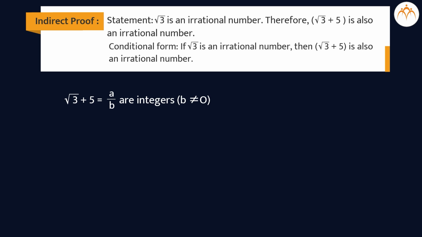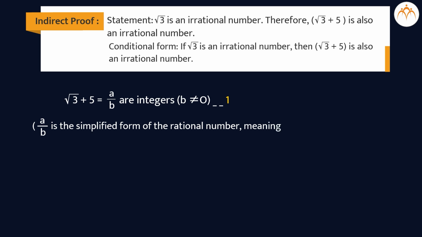So this is equation 1. Then see here, a upon b is the simplified form of the rational number, meaning that a and b have no common divisor other than 1. Getting it?